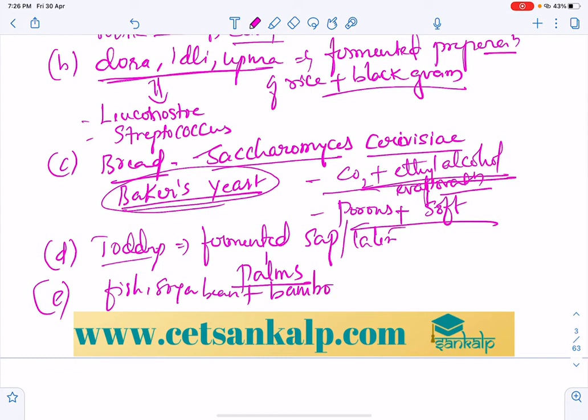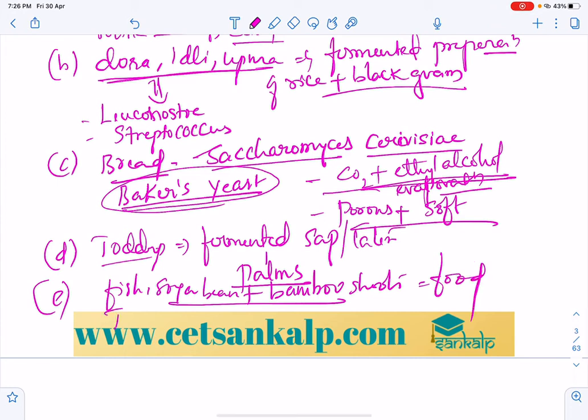Earlier people used to have food after treating it for 1 or 2 days with a fermentation process.